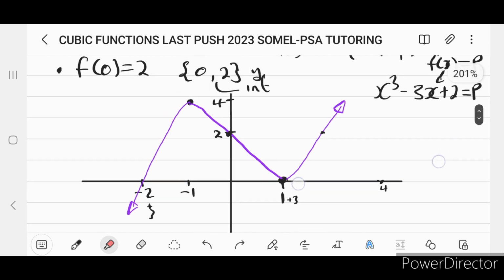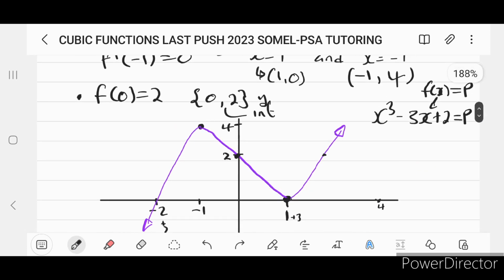So now the first thing that I'm going to do is say x cubed minus 3x plus 2 minus p equals 0. So this represents our y-intercept on this function against the current y-intercept. So you must always check the current y-intercept.